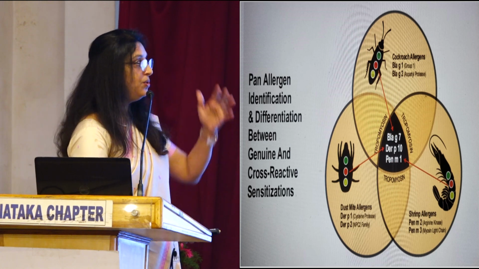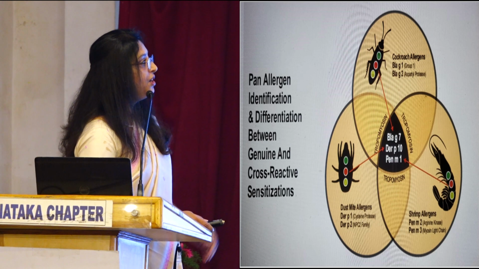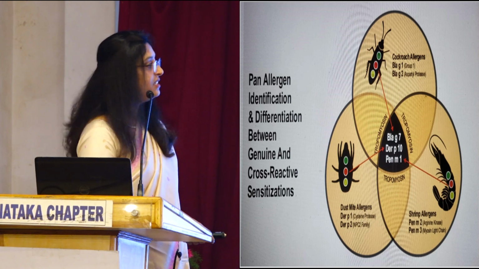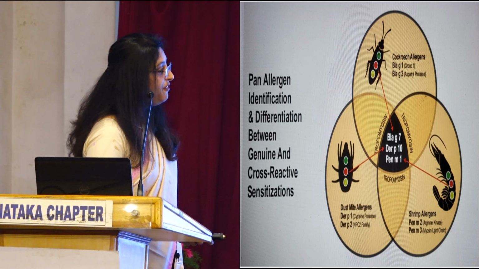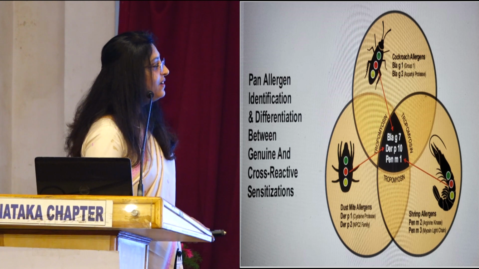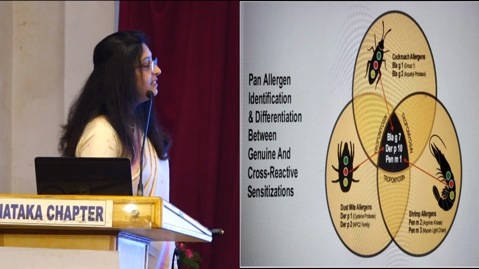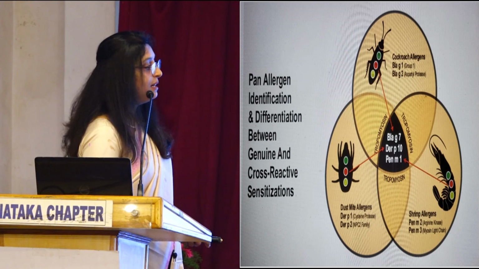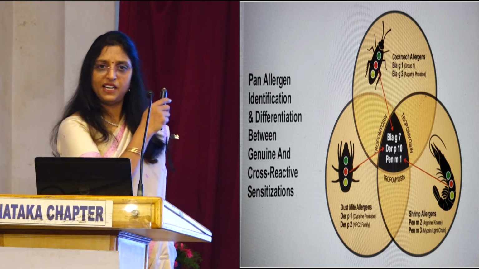There is a split. If it is a cockroach, you will be using BLAG1 and BLAG2, these are the two antigens, as well as BLAG7. If it is a shrimp, you have PenM2, PenM3, as well as PenM1. And when it comes to dust mite, DERP1, 2, DERP7, up to DERP10.